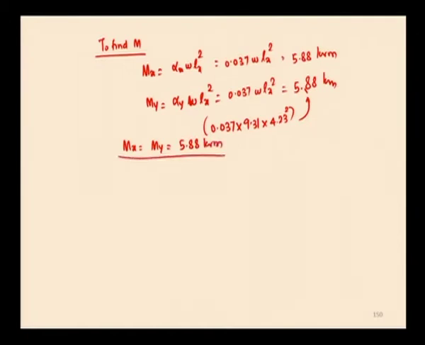So, Mux which is equal to Muy is equal to 1.5 into 5.88, that is equal to 8.82 kilonewton meter.